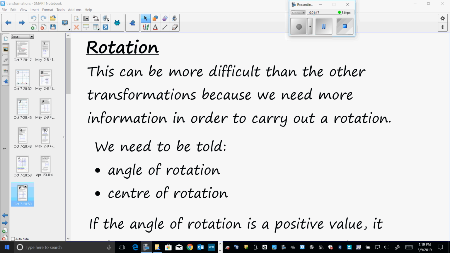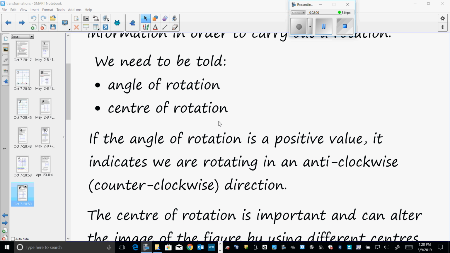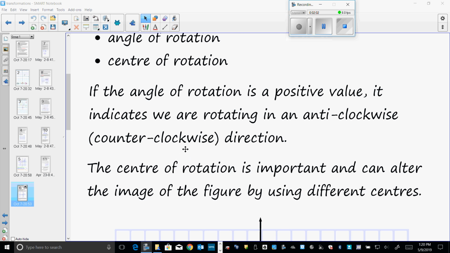Alright, so we had a discussion when we went in here. We need to know the angle of rotation and the center of rotation. Now, if the angle of rotation is a positive value, then you're rotating in an anti-clockwise direction.